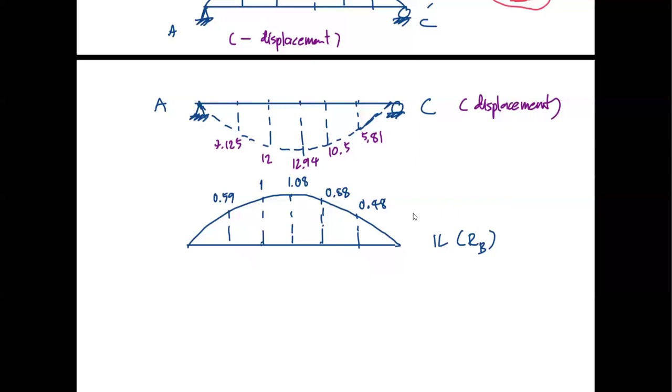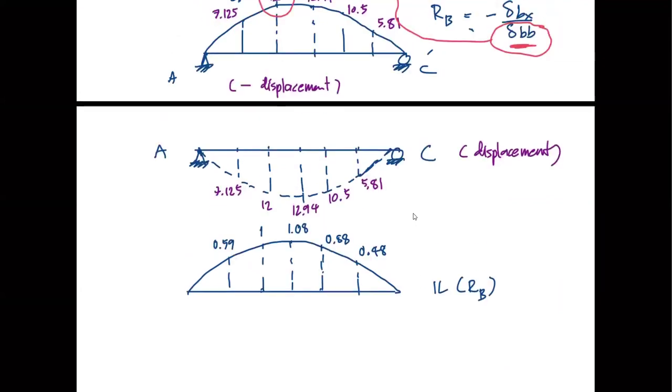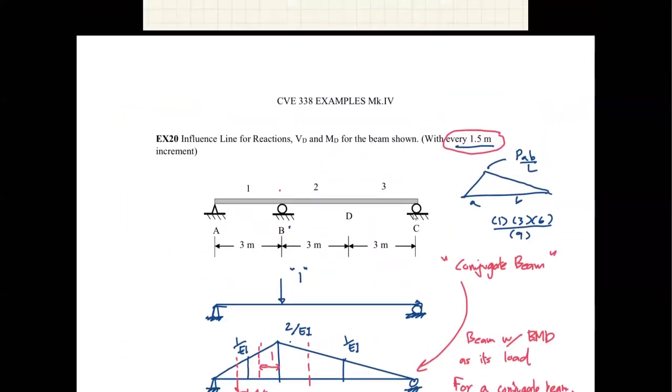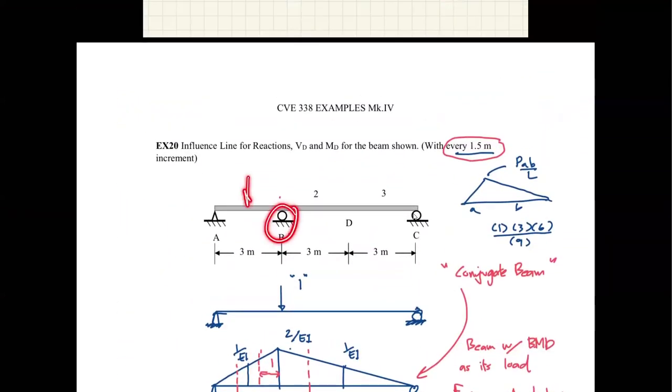And once we have reached this point, you should know that you have the one reaction solved. So that means now we have turned this structure into a determinate structure, because you now know the magnitude of reaction at B whenever the unit load is, right?